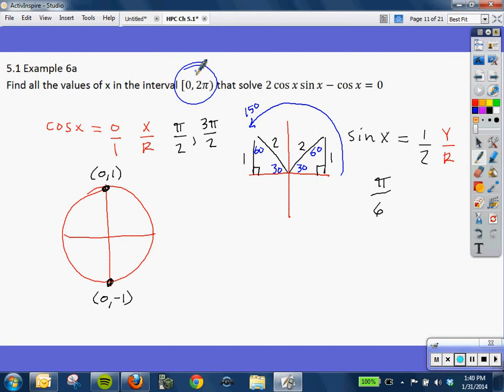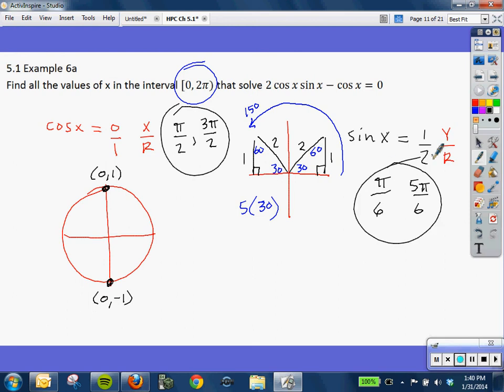What I like doing is thinking about the 150 and how many 30s will fit in that 150. 5 30s will fit in that 150, right? And 30 degrees is pi over 6. So this is like saying 5 pi over 6. So these are the solutions for this equation.